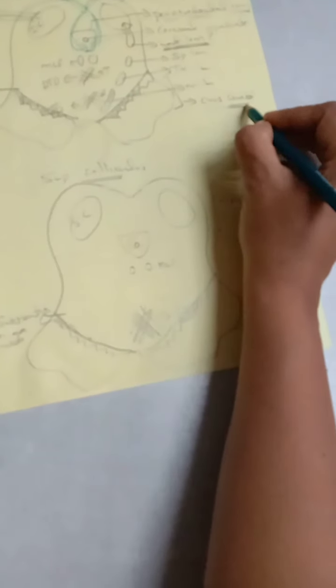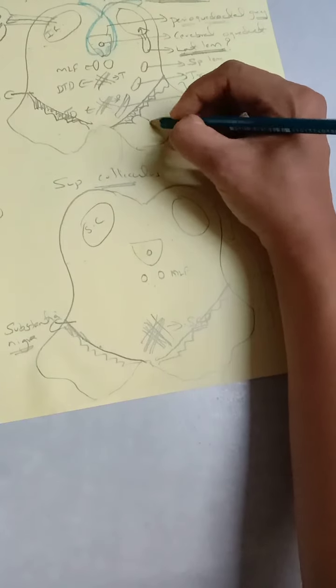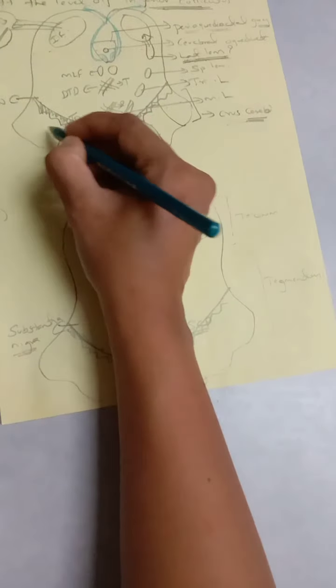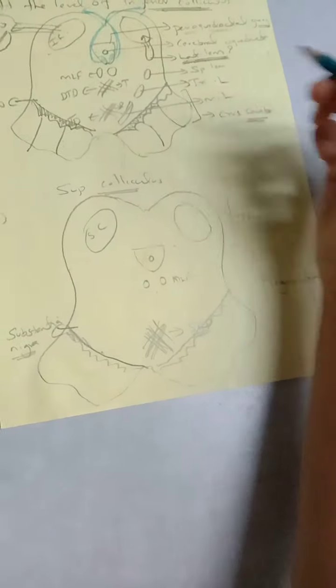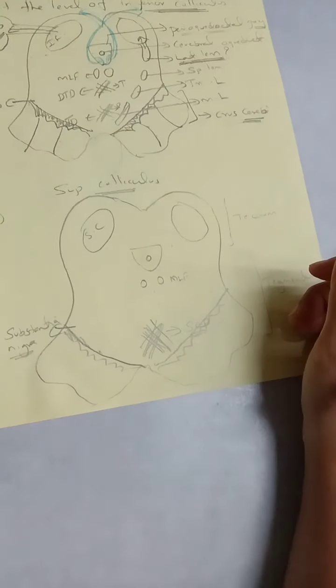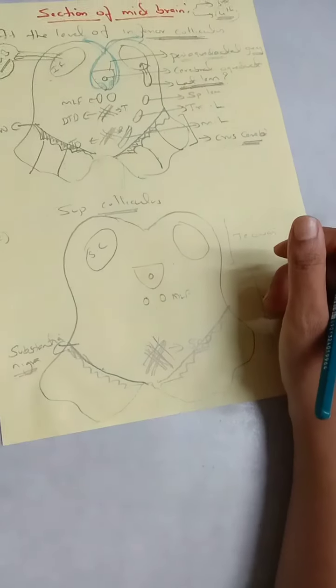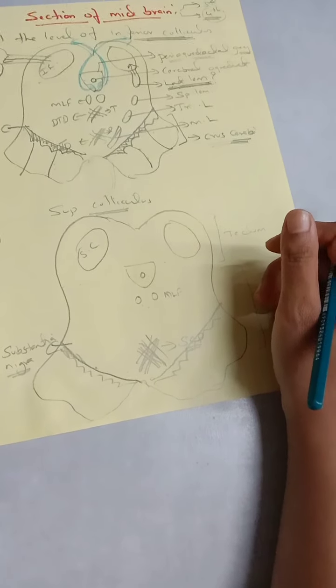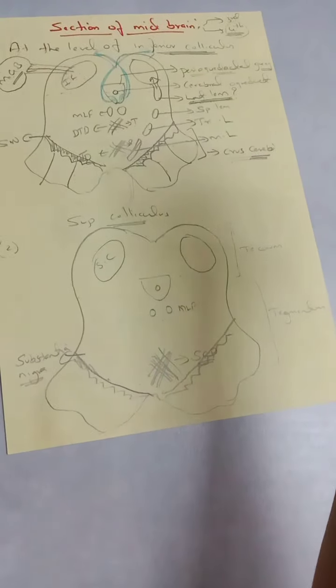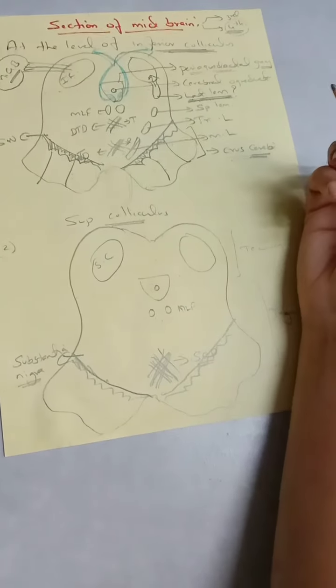Crus cerebri is divided into areas like this. You all know crus cerebri is nothing but the downward extension of the internal capsule, or an upward extension of the corticospinal tract, right? Pyramid, basilar part of the pons, and further it will go in the midbrain as crus cerebri.